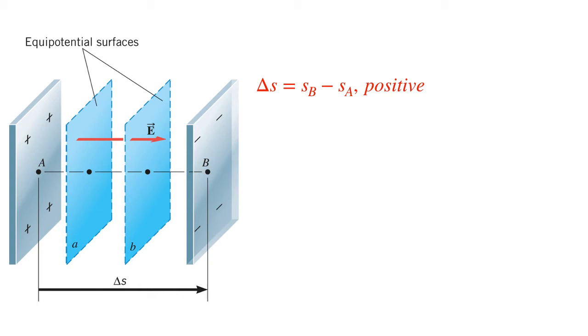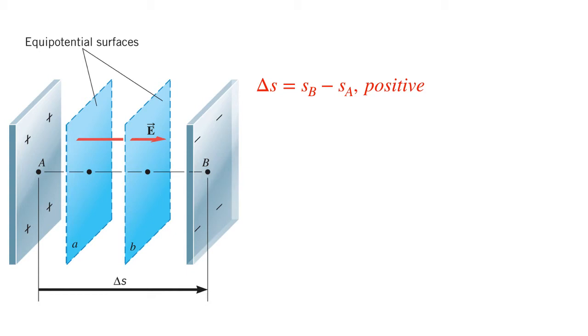So delta S means a change in the S direction, which is indicated by the black arrow at the bottom. In this diagram, delta S is SB minus SA, so it's positive. You're going in the direction of positive S, so SB is going to be a bigger number than SA. Big minus little is positive.